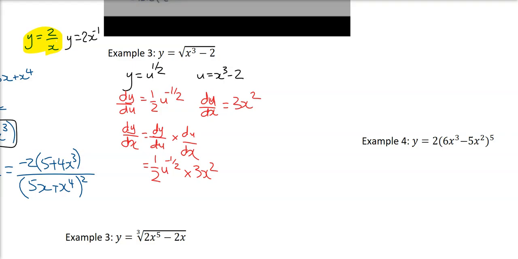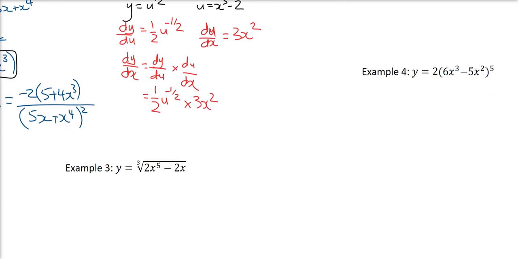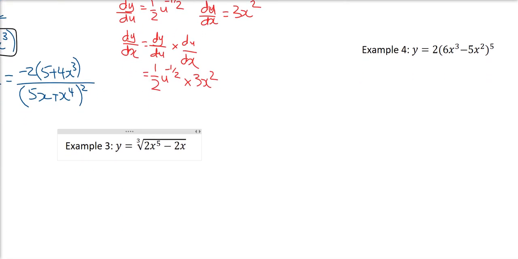So hopefully you got there after the pause. Remember, once you get there, it's not as simple as saying, oh, that's just... Because that is the same as 1 over 2u to the power of a half times by 3x squared. Hopefully you can see that part there, the fact that that u to the minus a half goes back to the denominator, because the negative on the top line of the power goes to the denominator.